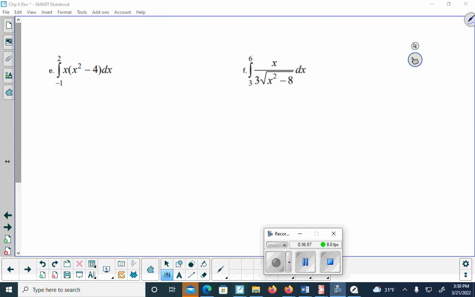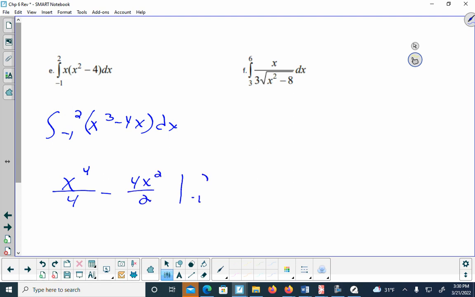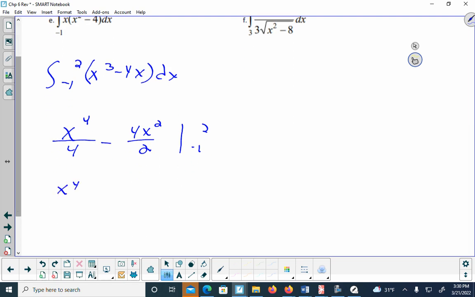Okay, the next one, before I take the antiderivative, I'm going to distribute that x first. So negative 1 to 2, x to the third minus 4x dx. Add 1 to this, so this will be x to the fourth over 4 minus 4x squared over 2, from negative 1 to 2. I'm probably just going to do x to the fourth over 4 minus 2x squared before I start substituting in.